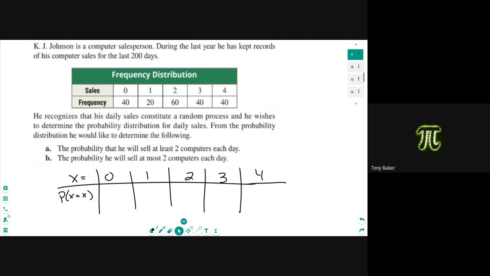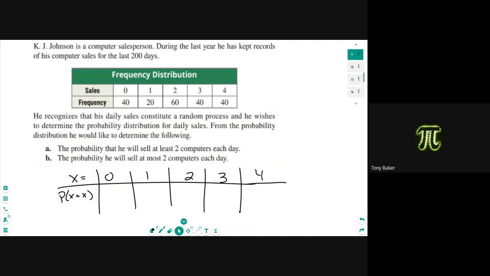Can he predict how many he's going to sell the next day? No. So therefore, that by definition is random. He can't predict it, right? From the probability distribution, he'd like to determine the probability that he'll sell at least 2 computers each day, and the probability that he will sell at most 2 computers each day.